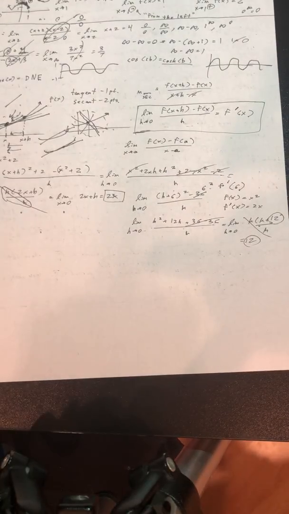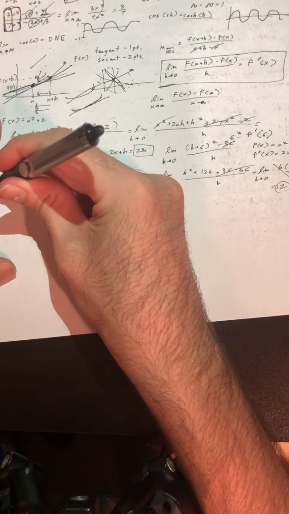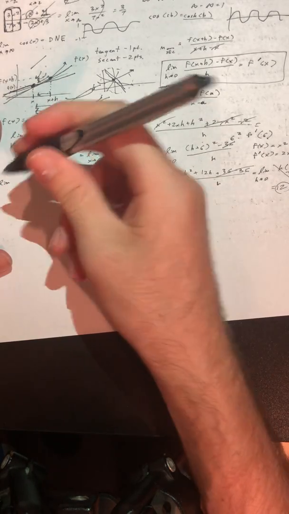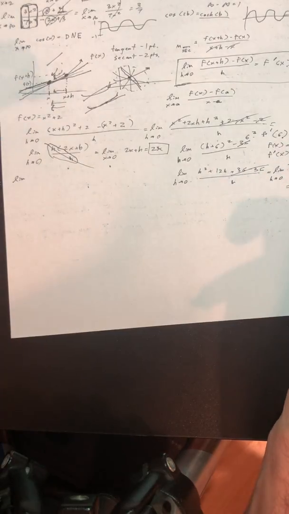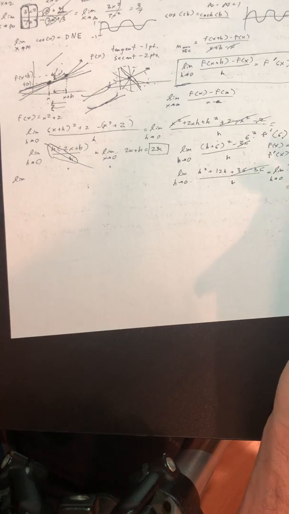Anyway, I'm going to show you another common type of limit. It's a common type of limit that they'll give you, and the technique is called rationalizing the numerator.